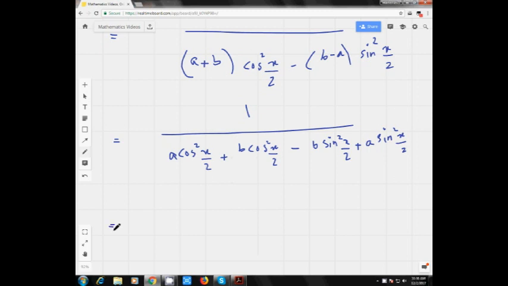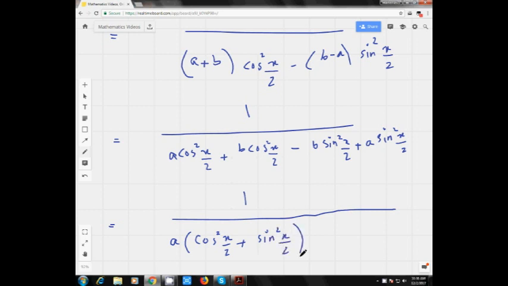Collect the quantities with a coefficient, taking a common between those two quantities, we get cos square x by 2 plus sine square x by 2, and collect the quantities with the coefficient b. It is cos square x by 2 minus sine square x by 2.